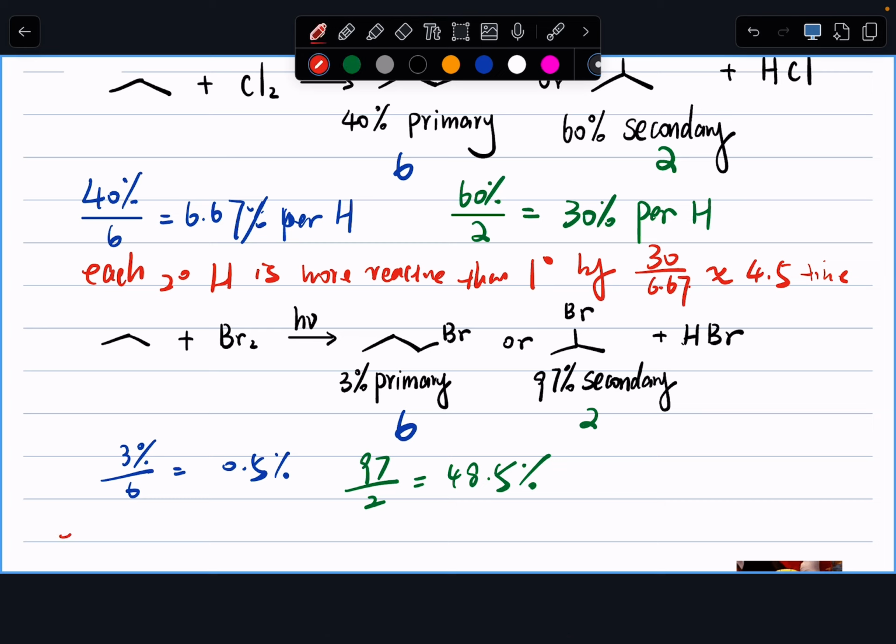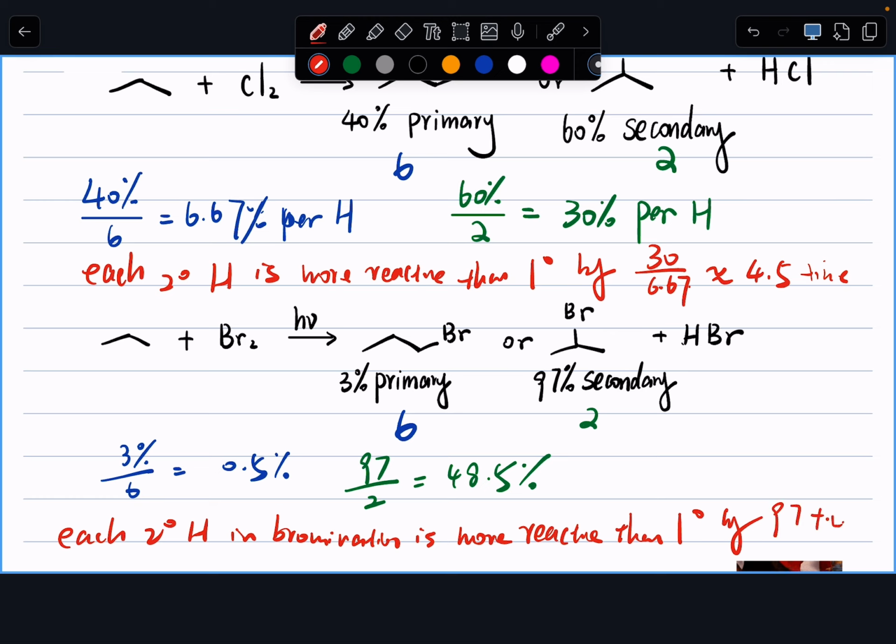So that means each secondary hydrogen in bromination is more reactive than primary by, well, 48 divided by 0.5, about 97 times.